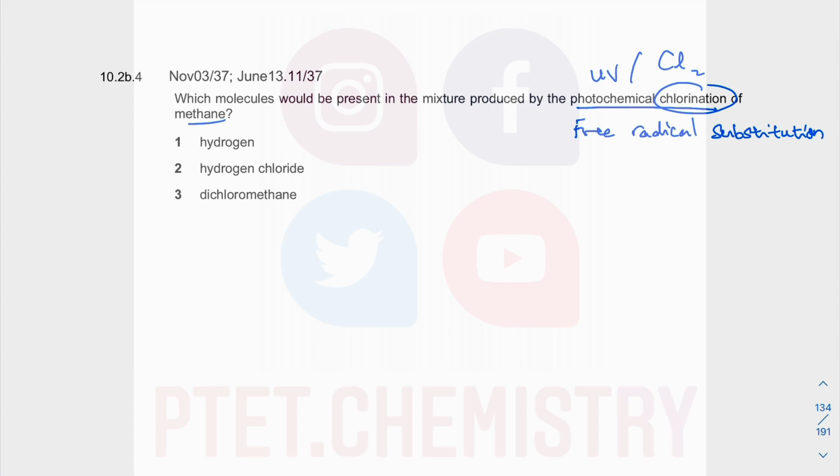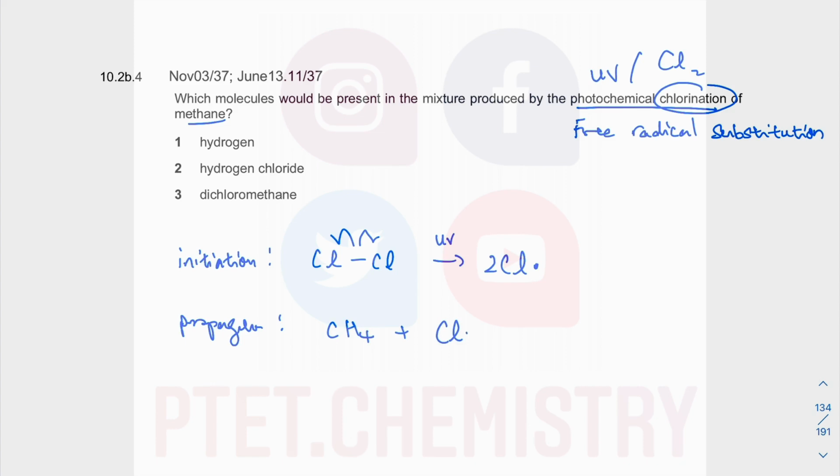So if I talk about the initiation reactions, I'm going to talk a little bit about the mechanism, which is actually part of your case study, by the way. We use a half-headed fish hook arrow to represent this initiation step, which produces the chlorine free radical. And then your propagation steps actually begin with the CH4 plus a chlorine radical.